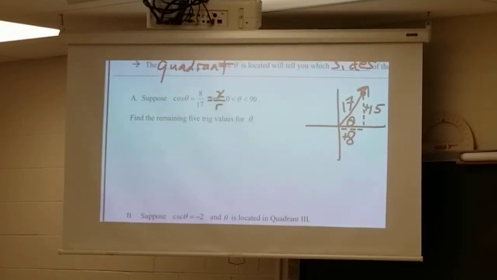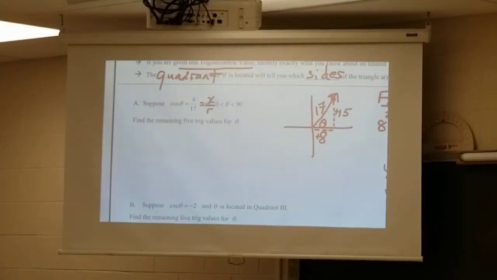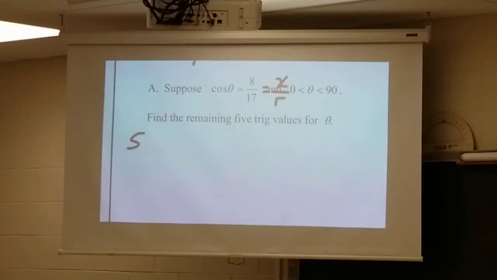Okay, now we're ready to finish the problem. I hope you don't get tired of this, but it is part of the program right now. That is finding these trig values. It says to find the remaining 5, because we already had one of them.